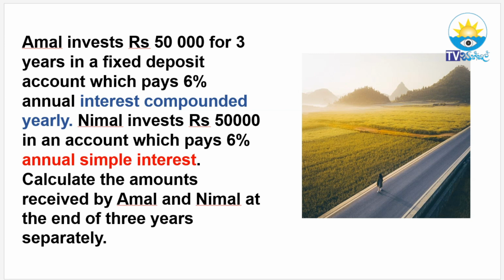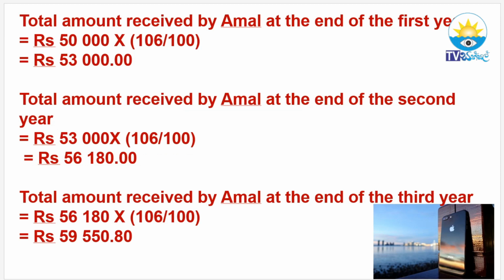Nimal invested 50,000 in an account with 6% under the annual simple interest method. So you have to calculate separately the amounts for both persons. Let's see the solution. Look at the slides, Putala.